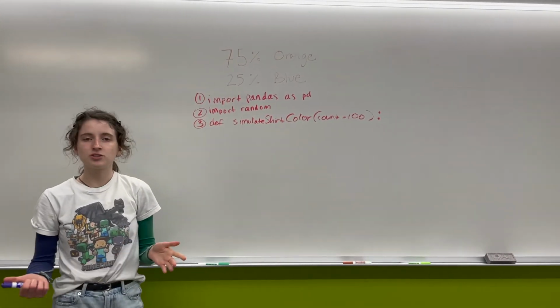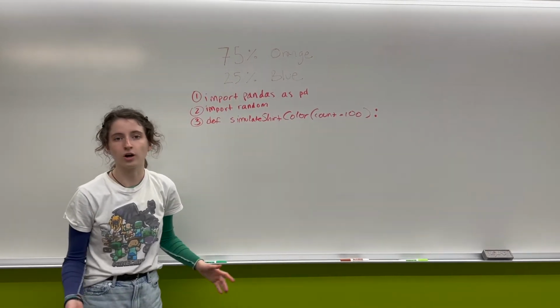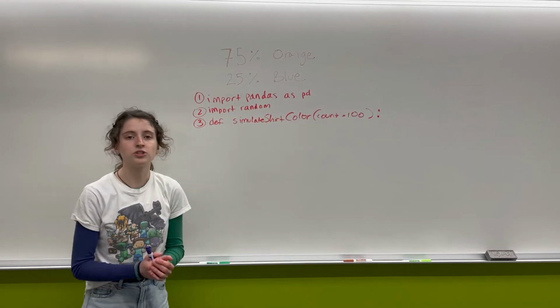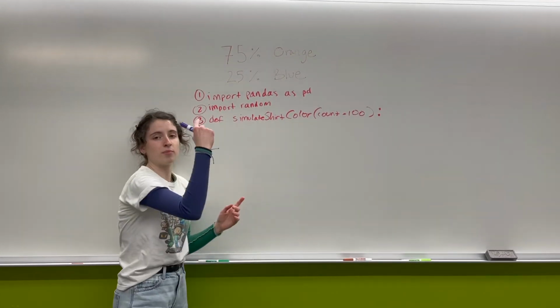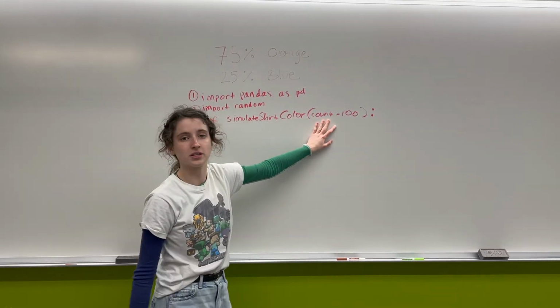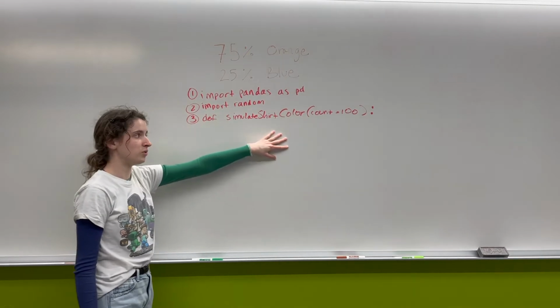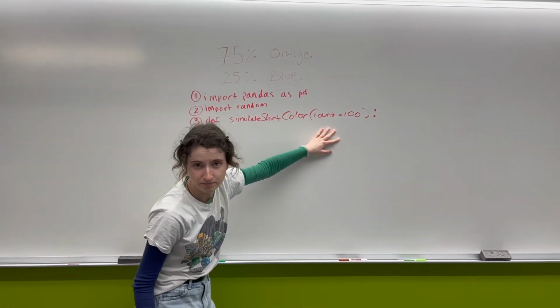And instead of just writing 100 lines of code that find the shirt color for 100 people, we can do what we've been learning about and make a simulation that just does it once and then repeats it however many times we want. And that's why this count variable is important, because when we are using this function, we can put any number in here and then we'll run the simulation that many times.